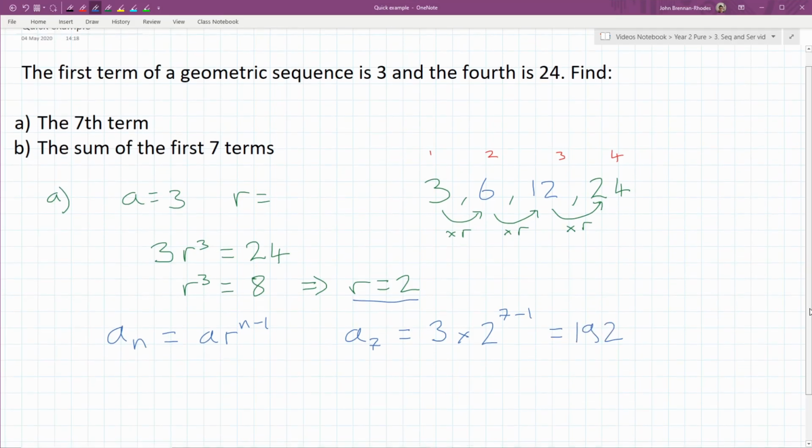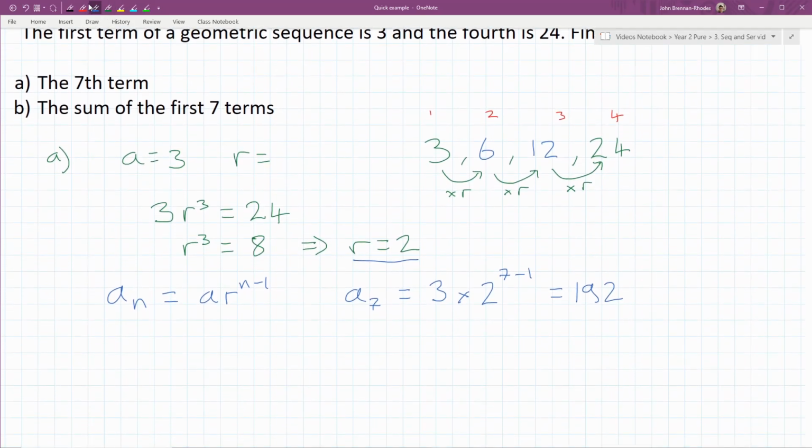Okay, so now I want to find the sum of the first 7 terms. So I remember that my sum formula is a, open brackets, r to the n minus 1 over r minus 1. I've chosen this version because r is bigger than 1, so it's going to make the bottom positive.